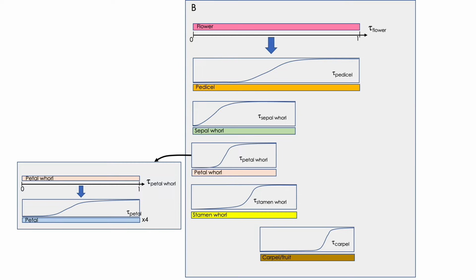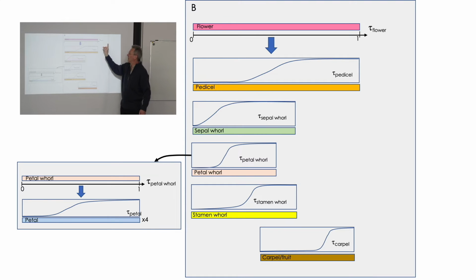You can do this for all the elements of the flower. If you have the timeline of the flower, you could align on this timeline the pedicel, the sepal, the petal, the stamen, and the carpel. And the petal whorl, so the whorl itself, how it opens.